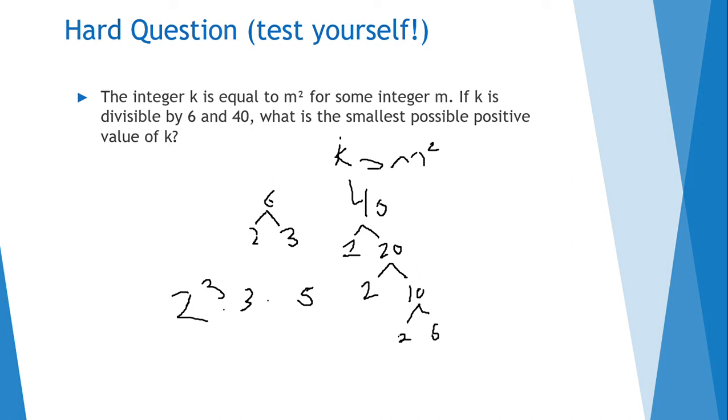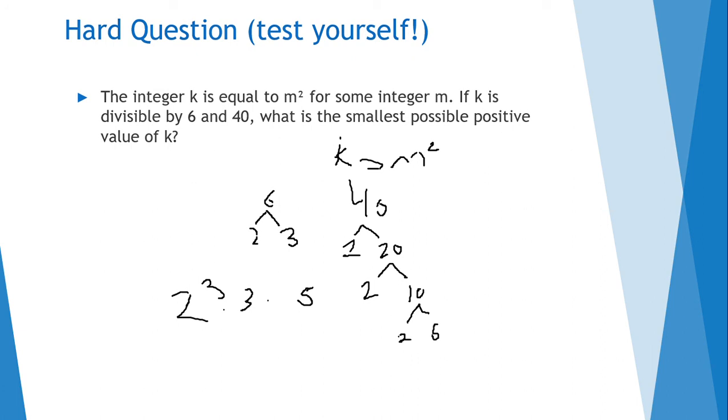But now we want to find the smallest possible positive value of k, which means that we have to turn this somehow into a square, and the smallest possible square. And the way we can do that, actually a small trick, is that we can increment the power of each of these primes, and we will get a perfect square.